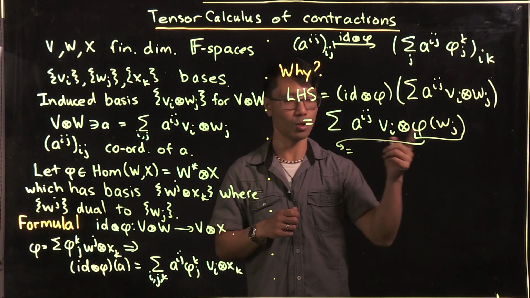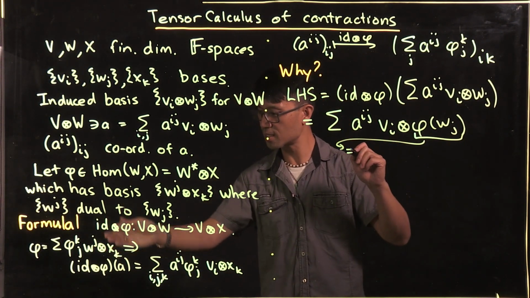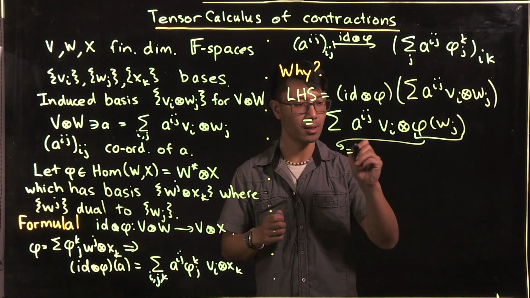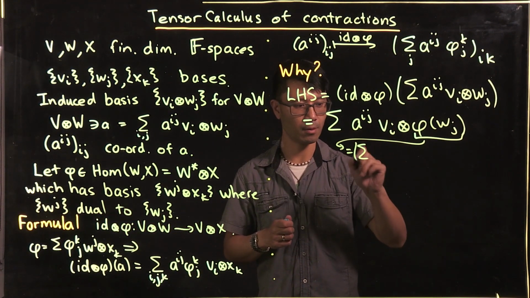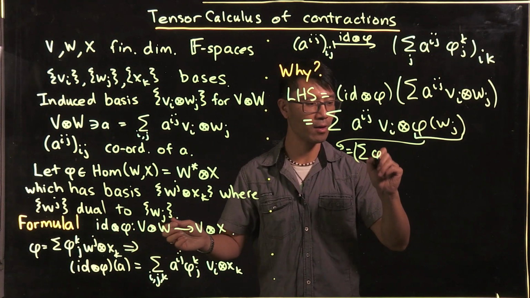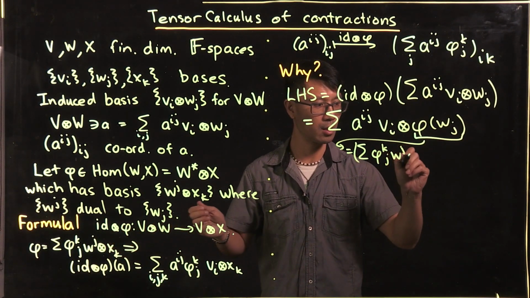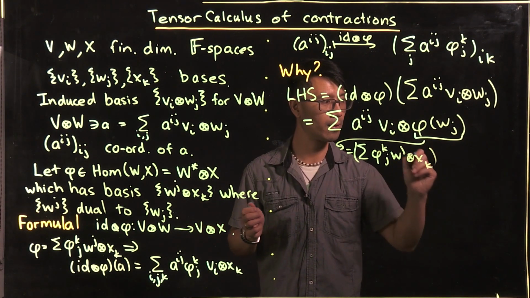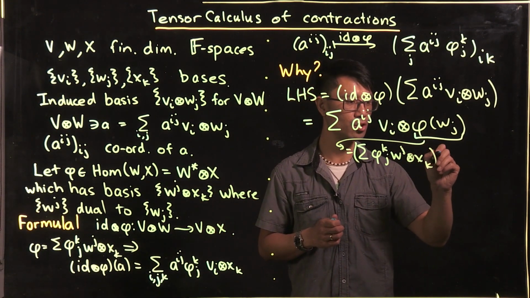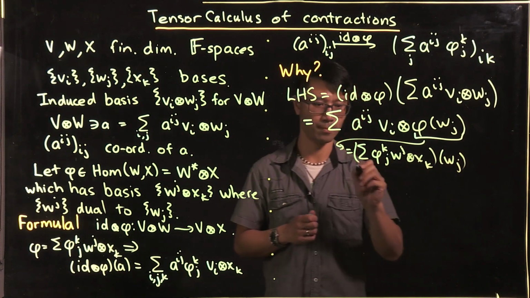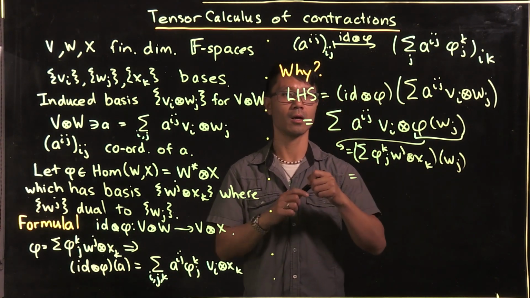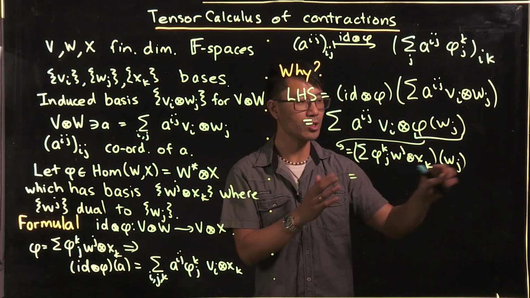This is equal to what? What is phi? Phi is just this sum here: the sum of phi_kj, and then there's a w upper j tensor x lower k, and you're going to apply that to w_j.